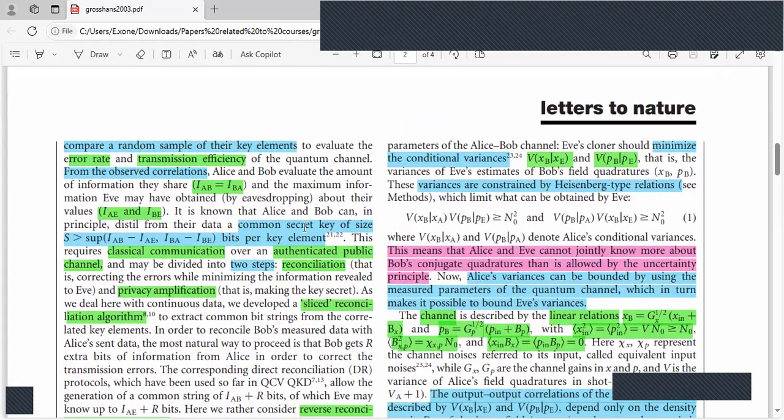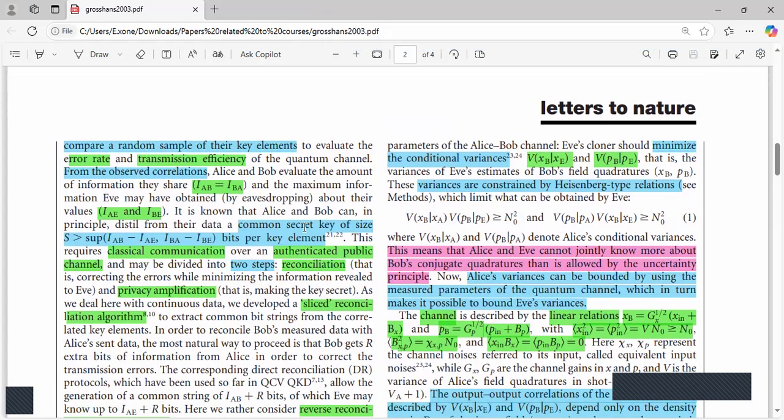So Eve's whole aim is to minimize the deviation between her data and Bob's data in the case of reverse reconciliation.